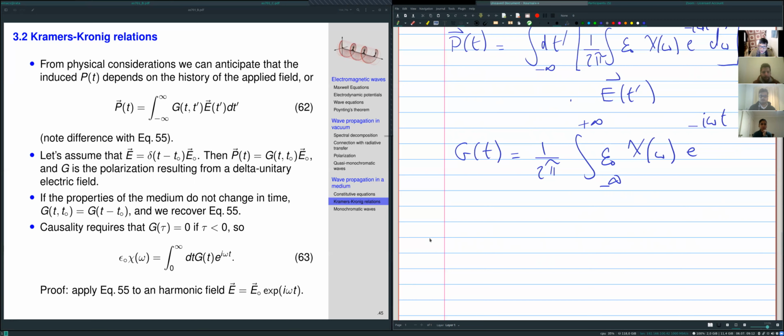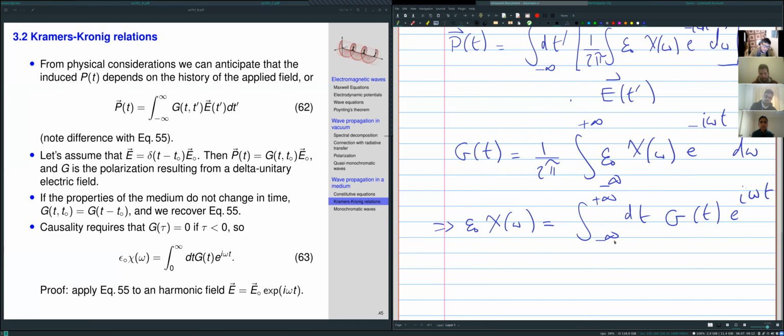So I take the inverse transform, and I can write epsilon 0 chi of omega is the integral from minus infinity to plus infinity in dt of g of t e to the i omega t. Okay, so this is the Fourier pair.